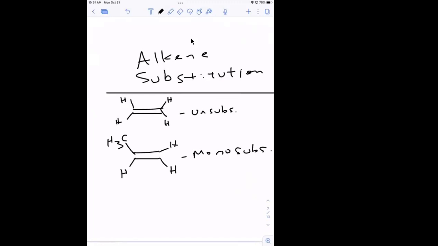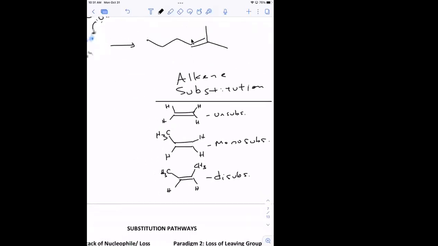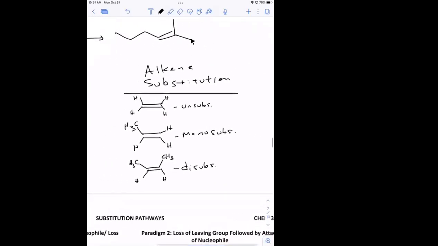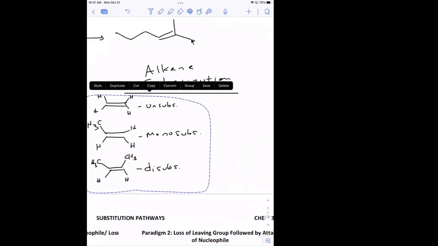Add two carbons, this is a pattern, di-substituted.